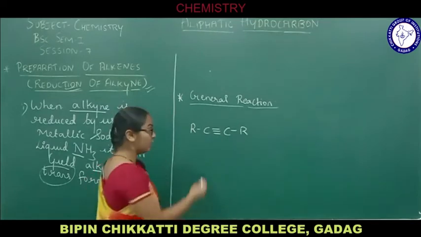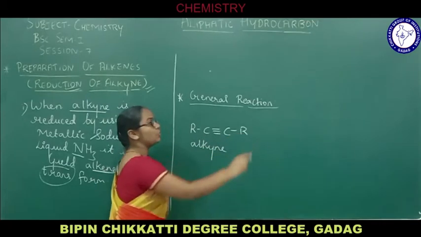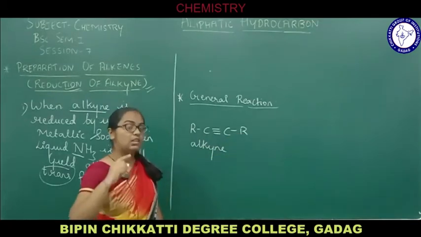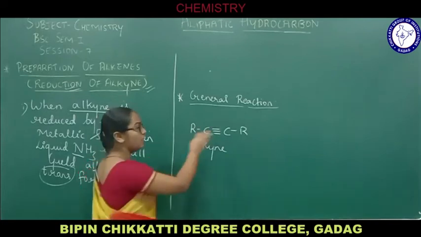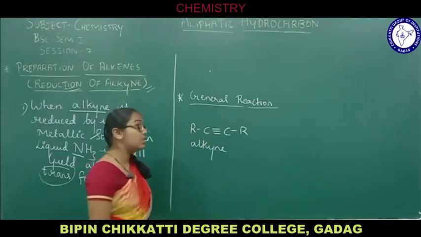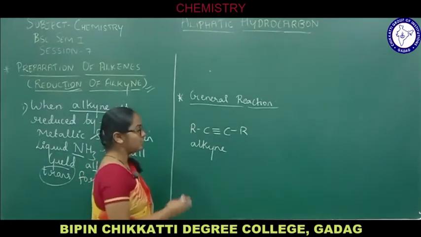So that is the meaning of the word alkyne. The functional group for the alkyne is R, C triple bond C, R. Two alkyl groups are present in the periphery, and the triple bond is present between the two carbon atoms. Thereby it is considered to be the alkyne.